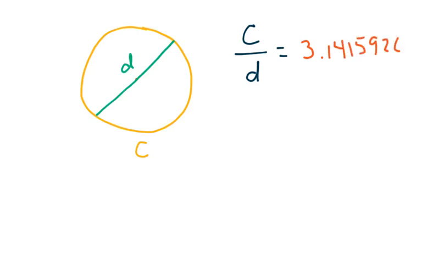For any circle, doesn't matter how big or small, if you take the circumference, the distance around the circle, and the diameter, the distance all the way across going through the center, and you make a ratio of C divided by D, the circumference divided by the diameter of any circle, doesn't matter what it is, you get the number 3.1415926, and it keeps going on and on forever.